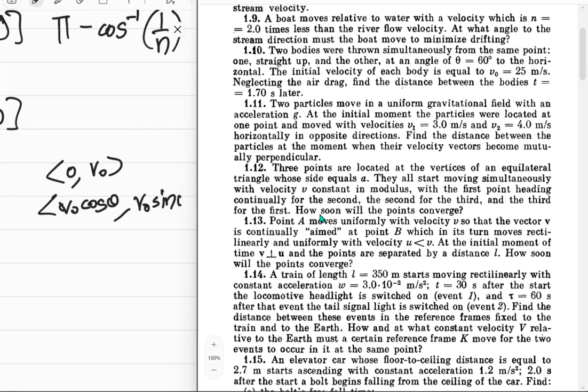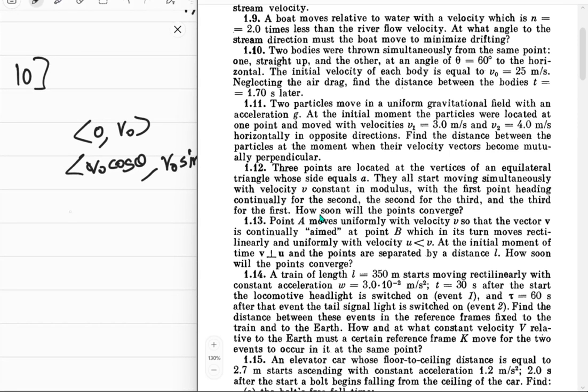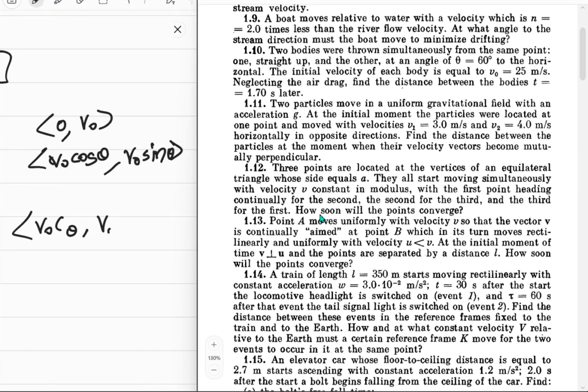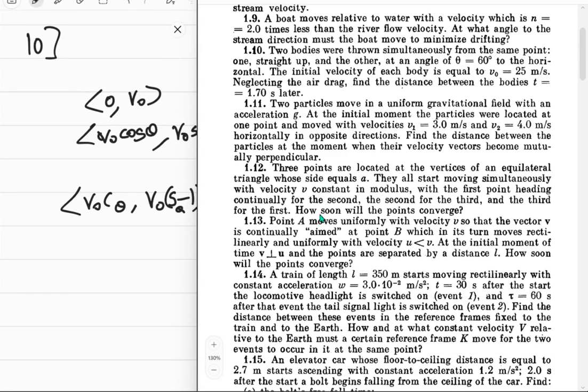So the relative velocity of the second with respect to the first is v naught cosine theta comma v naught sine theta minus 1. Cool. And now we just need to figure out what the magnitude of this thing is.